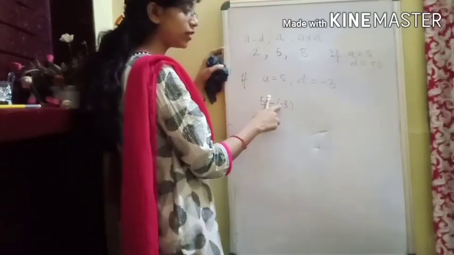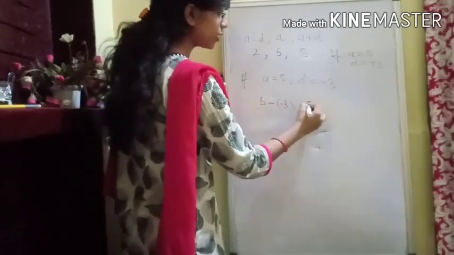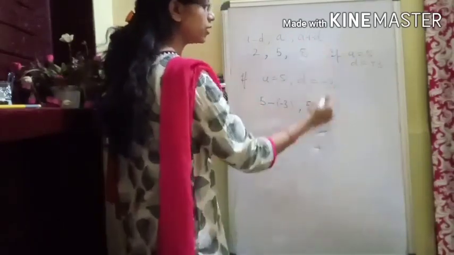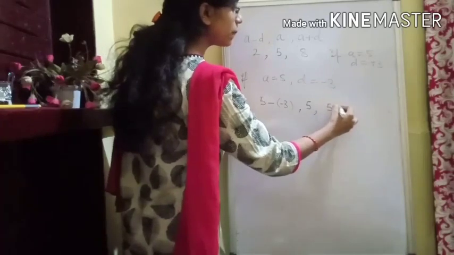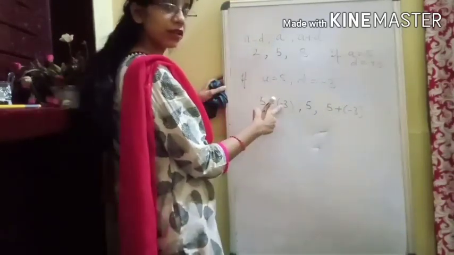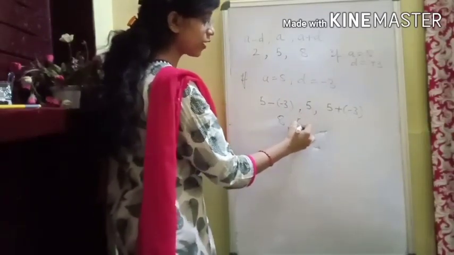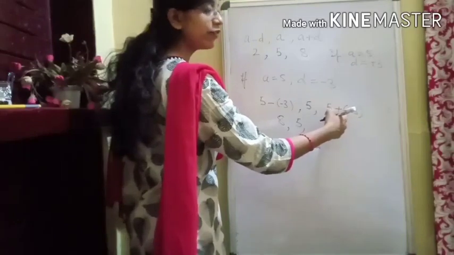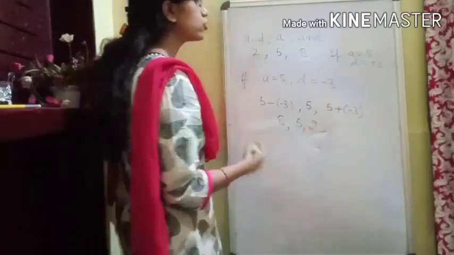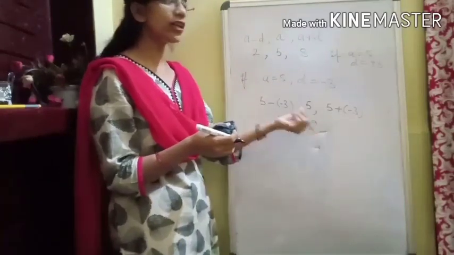So it will be 5 minus of minus 3. Then a is 5, and then we have a plus d, that is 5 plus minus 3. Now if you see, this minus and minus will give you plus. So 5 plus 3 would be 8, then it is 5, and then eventually it will become 5 minus 3, which is 2. So in either case, you see it is coming 2, 5, 8 or 8, 5, 2.